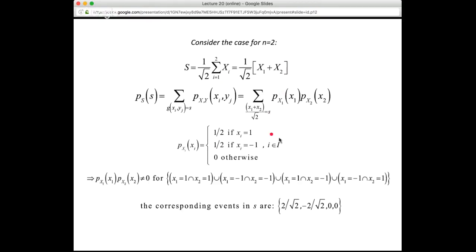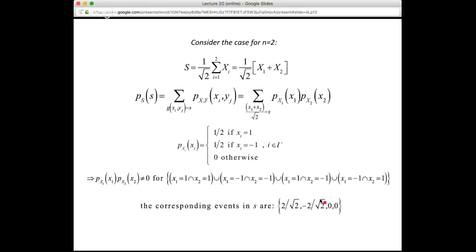The next thing we need to ask ourselves is where these different events that we're unioning correspond in the S space. That's easy because we have this formula for S, so we just substitute. In the first event, x1 is equal to 1 and x2 is equal to 1, so S is equal to 2 over square root 2. The second case is where x1 is -1 and x2 is -1, so S is going to be -2 over square root 2.